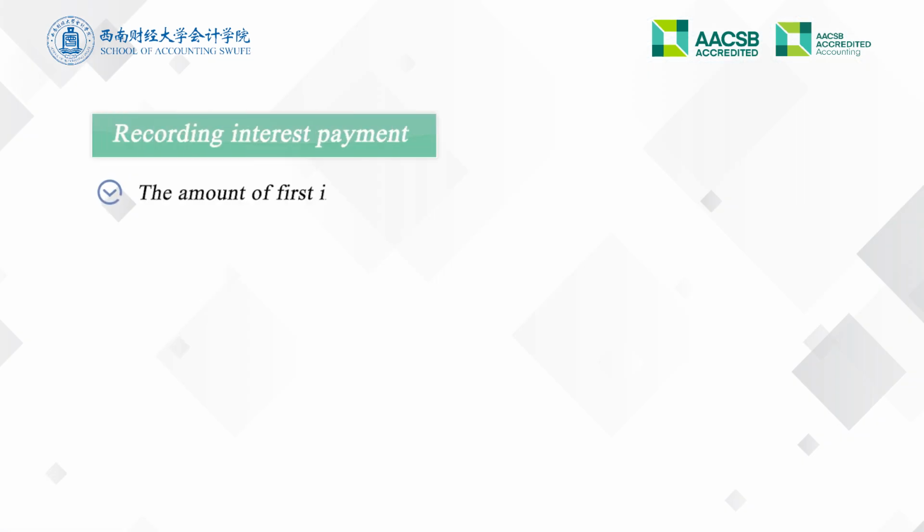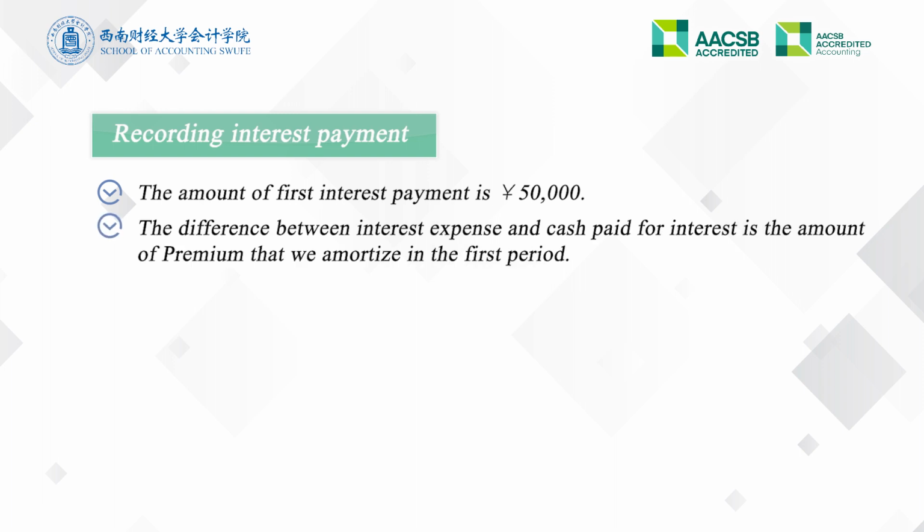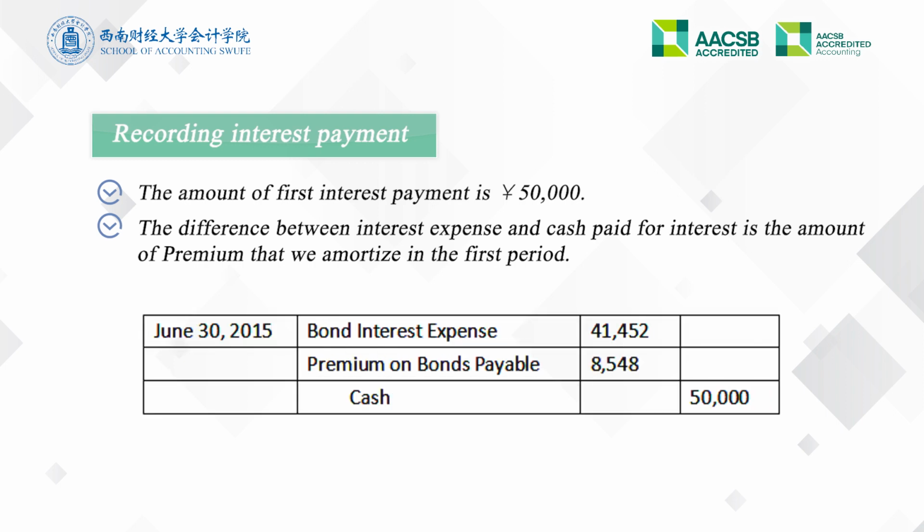The amount of first interest payment is 50,000 yuan. The difference between interest expense and cash paid for interest is the amount of premium that we amortize in the first period. The journal entry for the first interest payment is as follows.